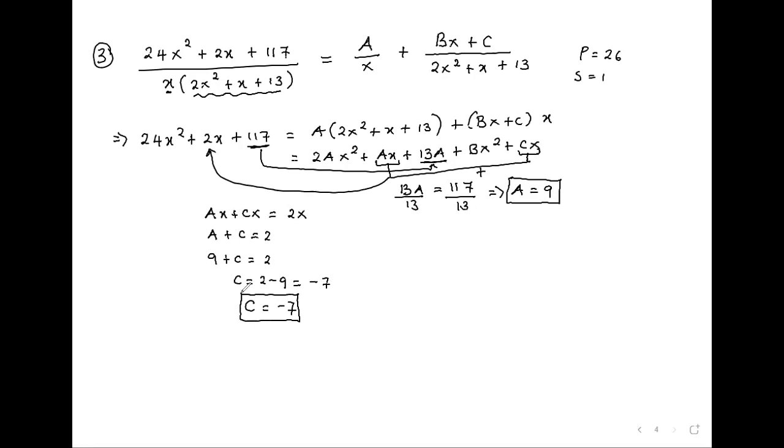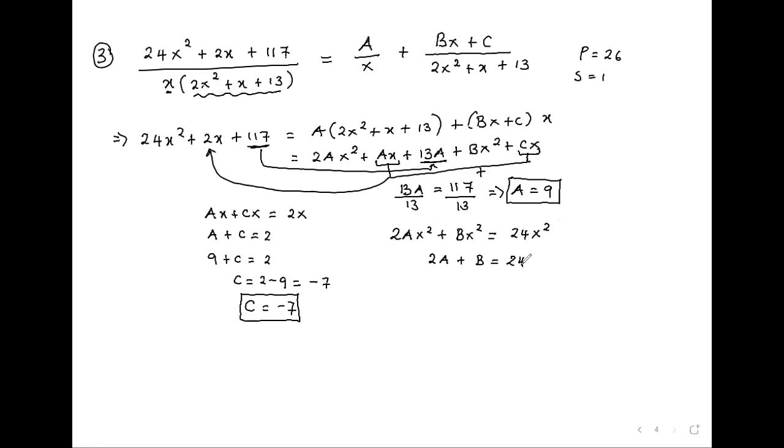Like that. Then, if we add again the coefficients of x squared, 2ax squared plus bx squared, they should give us 24x squared, meaning 2a plus b should be equal to 24.